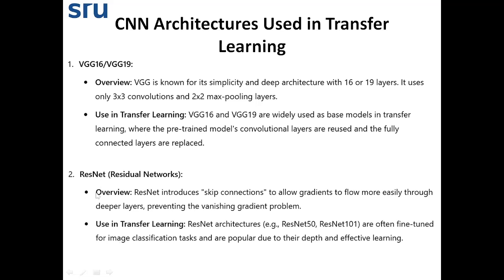And this ResNet is used in, say, transfer learning. Its architectures, ResNet 50 and ResNet 101, are often fine-tuned for image classification tasks and are popular due to effective learning and depth.